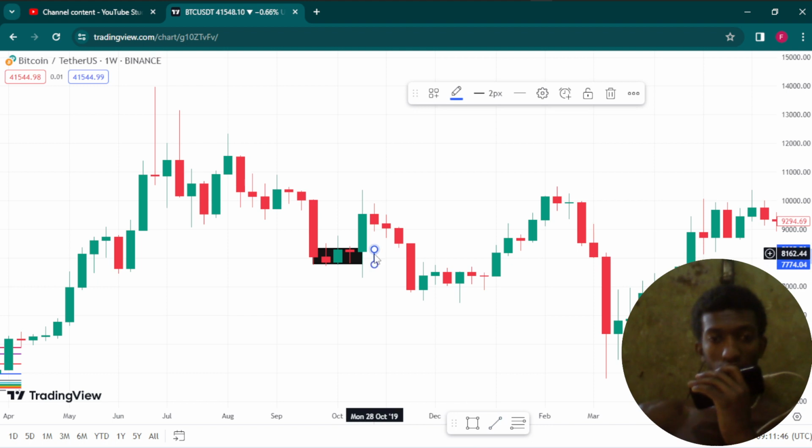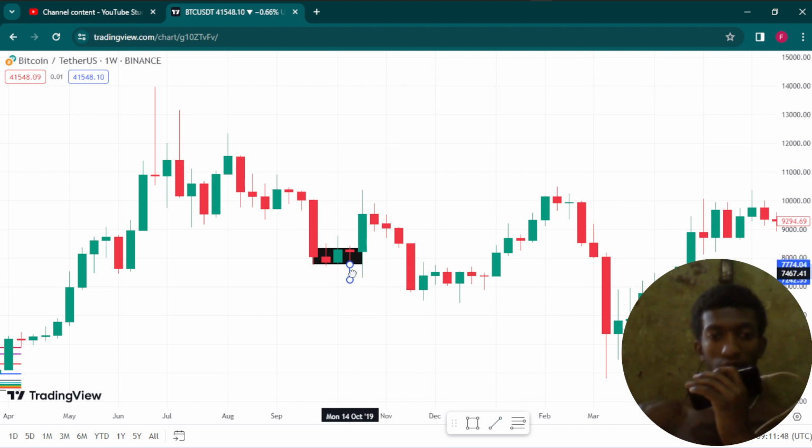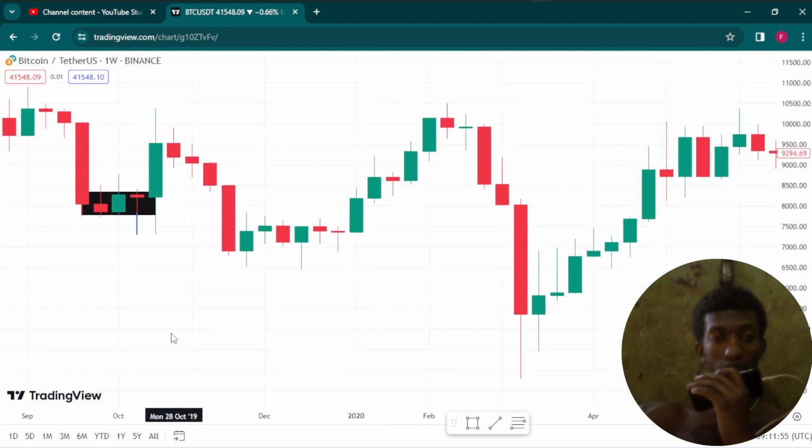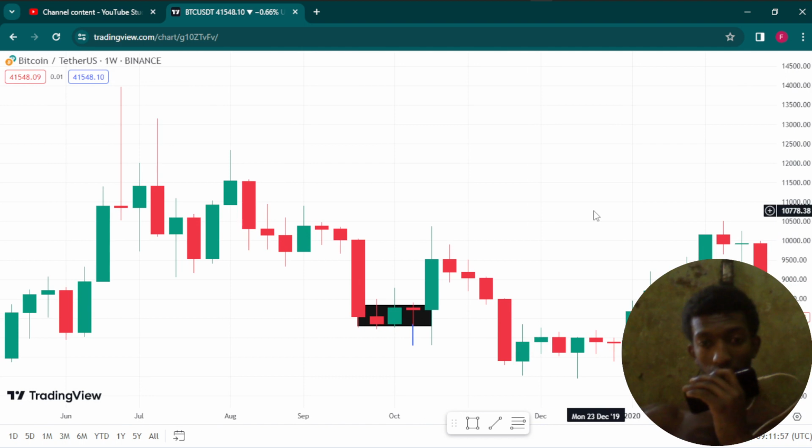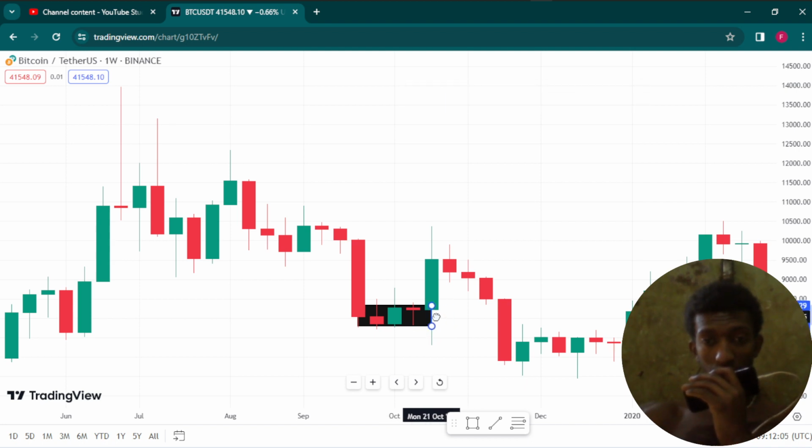Then you measure your TP because you are selling. Yeah, right there. That is the height of this thing.